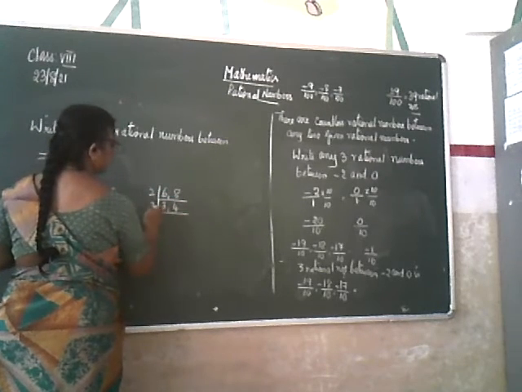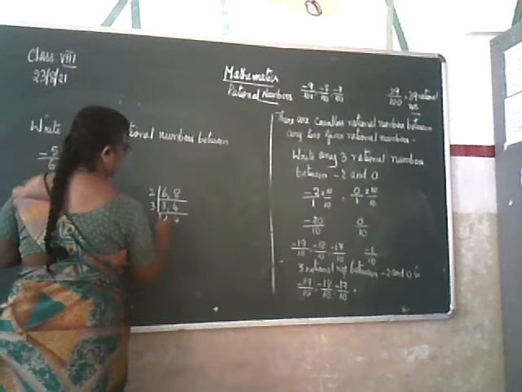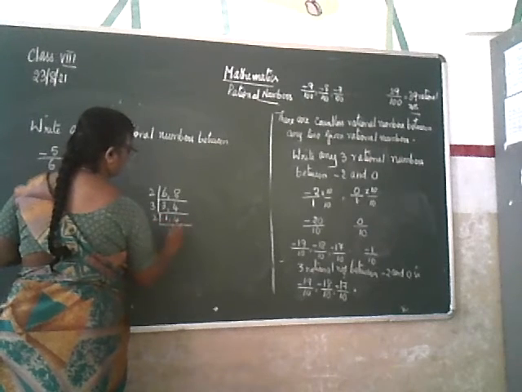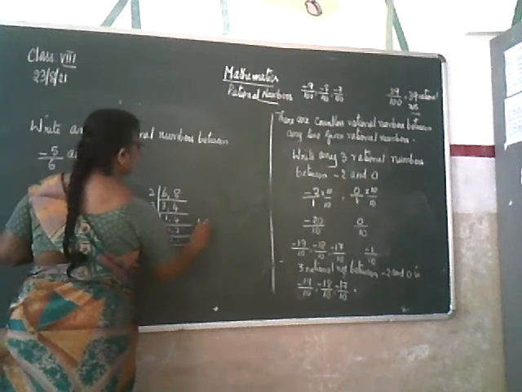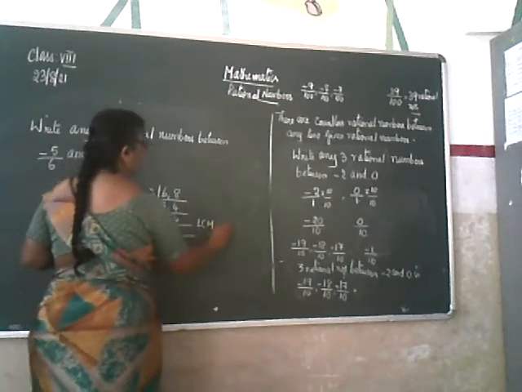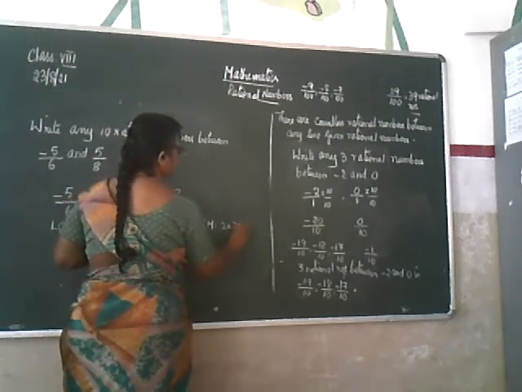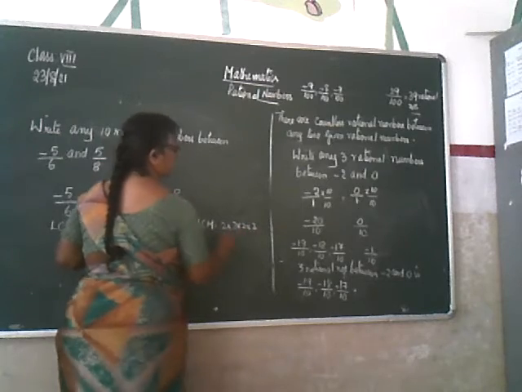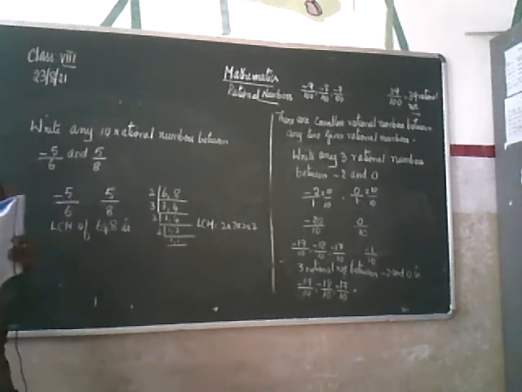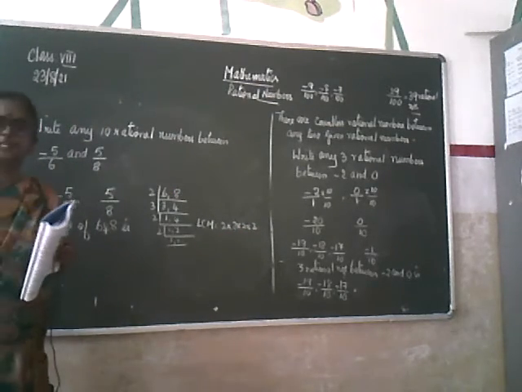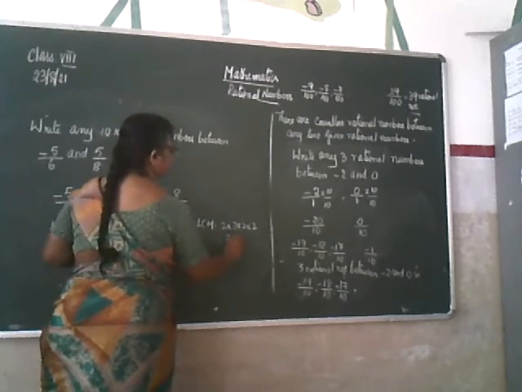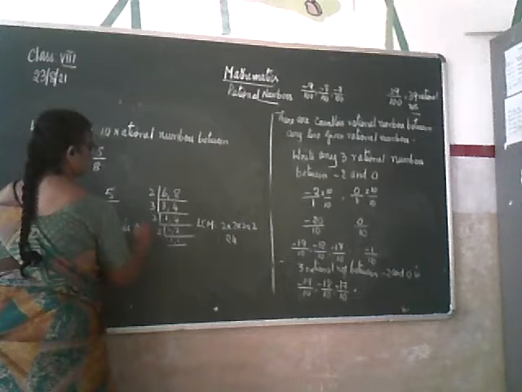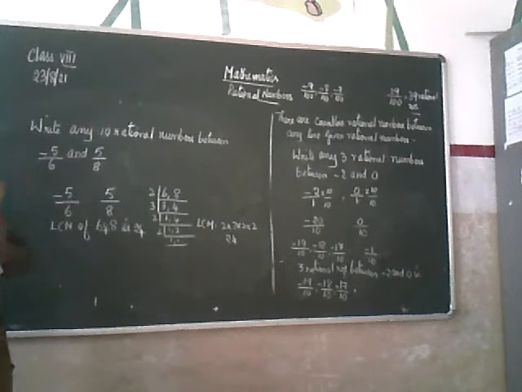Then 3, 1, then 2 2s are 4. 2 1s are. So, LCM is 2 into 3 into 2 into 2. 2 3s are 6, 6 2s are 12, 12 2s are 24. So, 24 is the LCM.